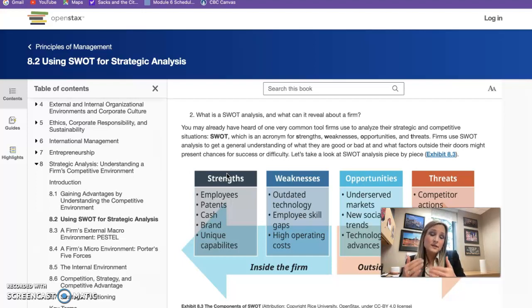Weaknesses, and these, once again, are all internal things that you can control, include outdated technology. Once again, employees can be a weakness as well, and your book gives you some examples there. And skill gaps, if you work in an organization that has a high operating cost or anything like that. So those are inside the firm.